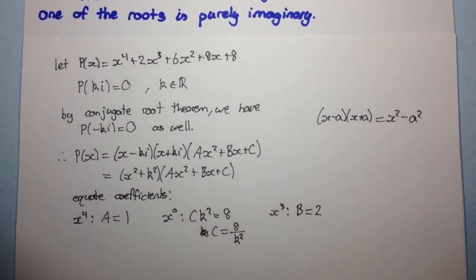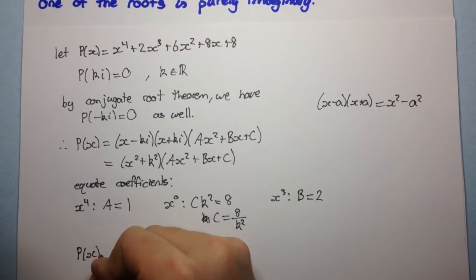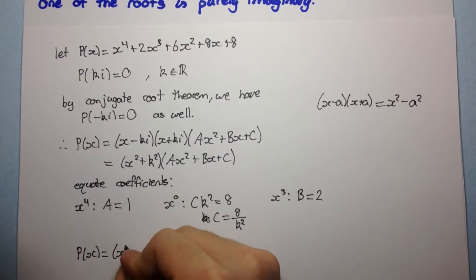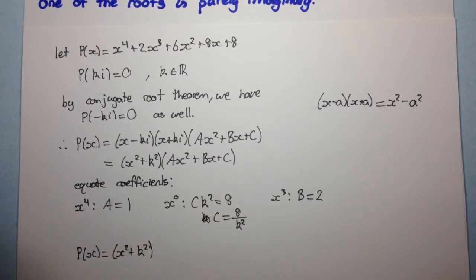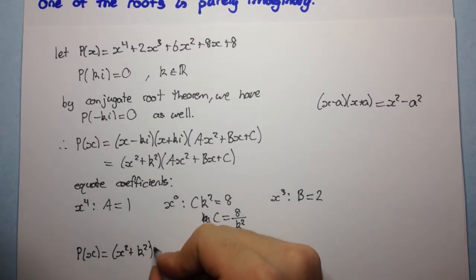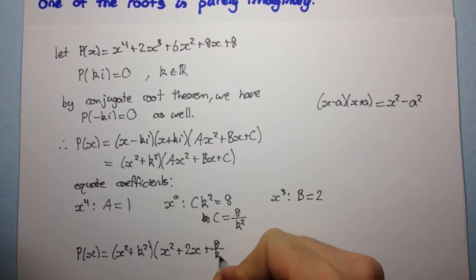So let's write down what we know as the polynomial. So p of x equals, now we have x squared plus k squared, and we still need to determine the value of k. So x squared plus k squared into, now a was 1, so x squared, b was 2, so 2x, and c is 8 over k squared.